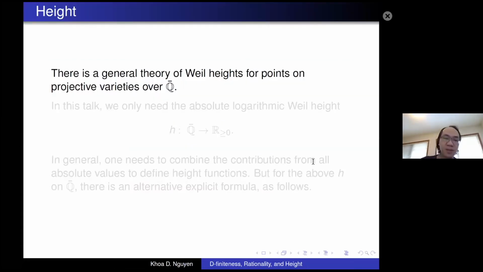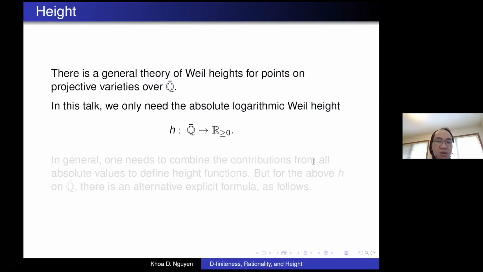So there's a general theory of Weil height for algebraic points on algebraic varieties. It involves divisors and so on. But for today, we only need the so-called absolute logarithmic Weil height on Q bar. And this is a very simple, easy to define function, as you will see.